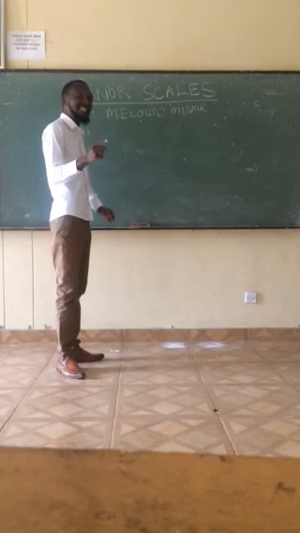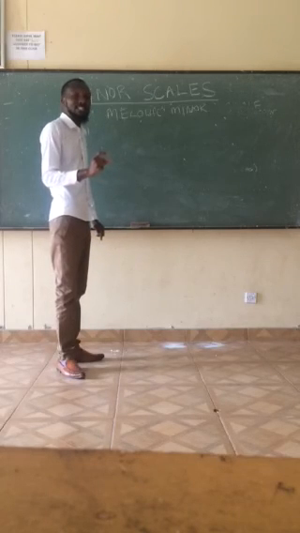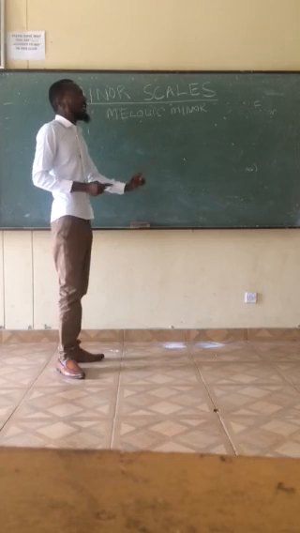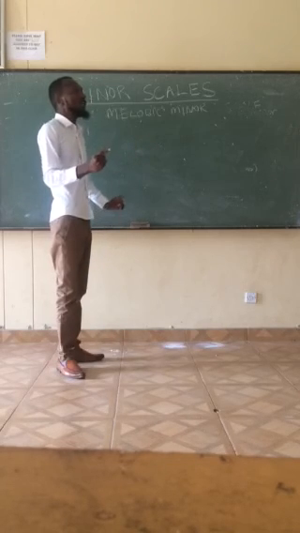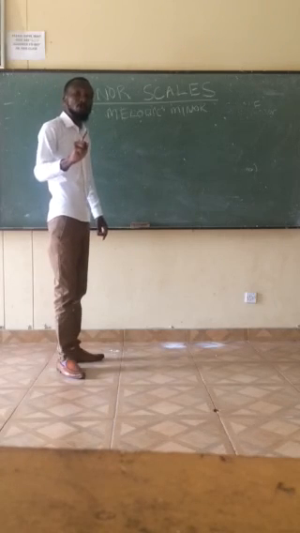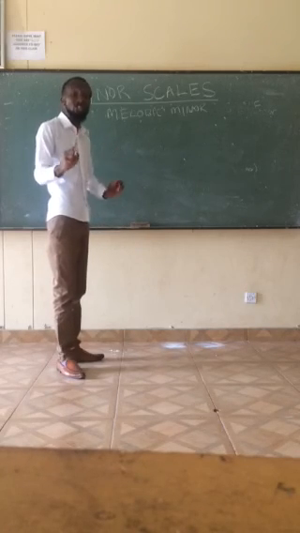But when descending, that scale changes. When descending in the melodic minor, note number 7 and note number 6 are restored back to their natural state, or to their original pitch.